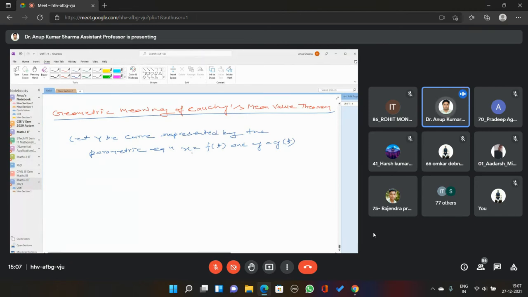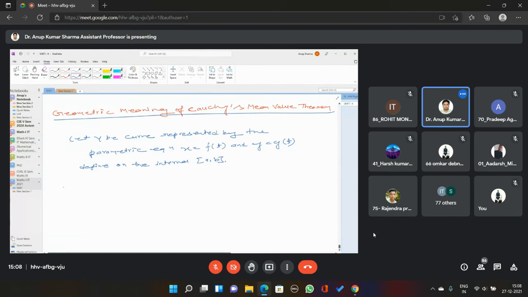We can also write x is equal to t and y is equal to y(t), defined on the closed interval [a, b]. By Cauchy's theorem, the same thing we wrote: the functions are continuous and differentiable.